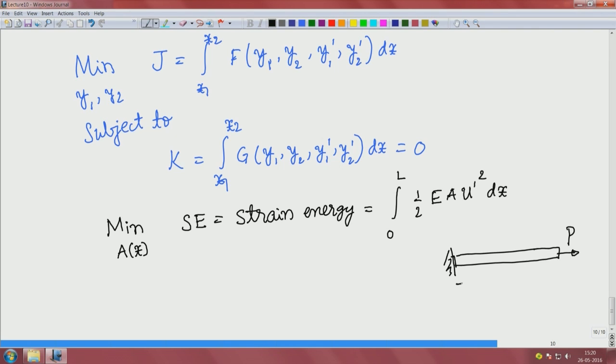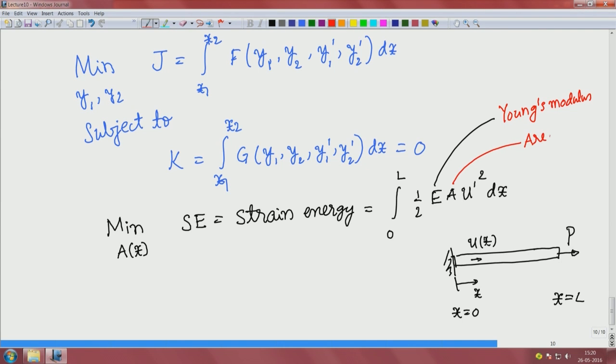That is, if this is our x, x equal to 0 here, x equal to L here, and there will be at every point some deflection, which you denote as u of x, and E is Young's modulus of the material, and this A is the area of cross section, and that needs to be found.